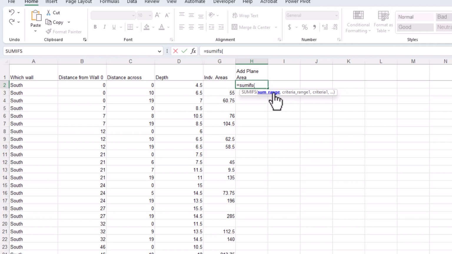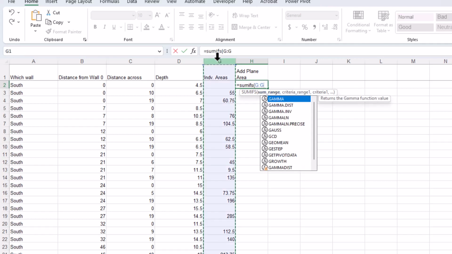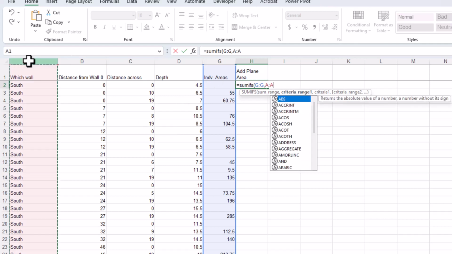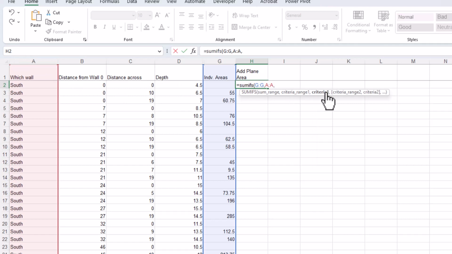And the range that I want to add is G. And if I just click on G at the top there, it will put the G:G range. It will select all the range. Now the next thing I have is the range which I want to have the first criteria on, and it's column A, the wall name. And what is the criteria?